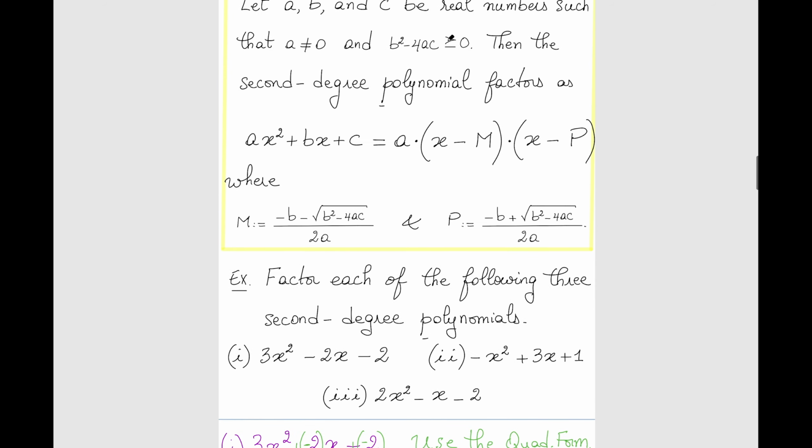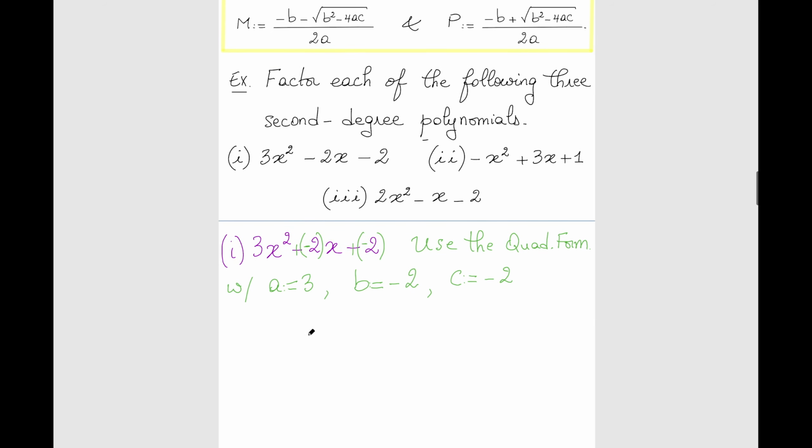I still need to verify that this is non-negative. What's b squared minus 4ac? Well, it's the square of b, and who's my b? -2. Minus 4 times a, who's a? 3 times c, and who's c? It's -2. Correct? One more time.